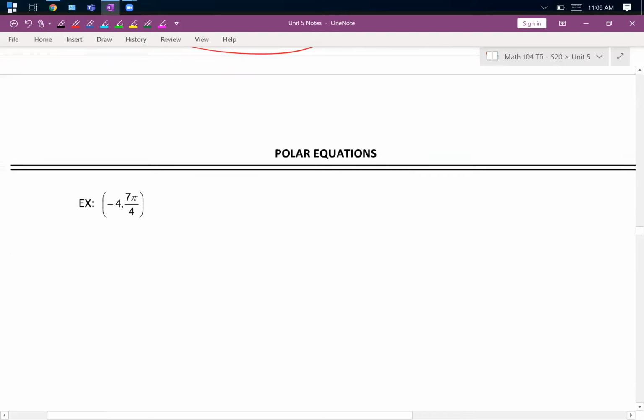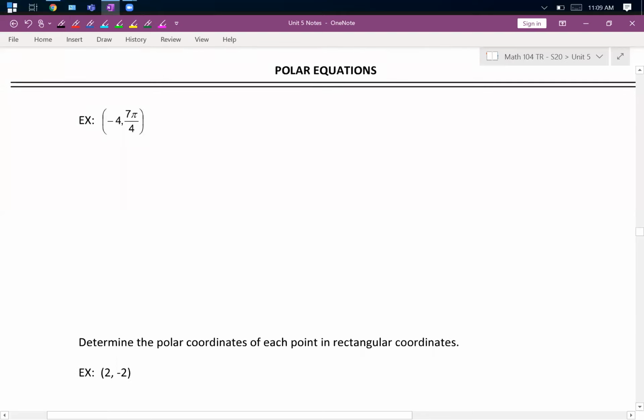All right, let's try another one then. Here we have that our r value is -4 and our theta value is 7π/4. x is going to be r times cosine of θ, and y is going to be r times sine of θ.